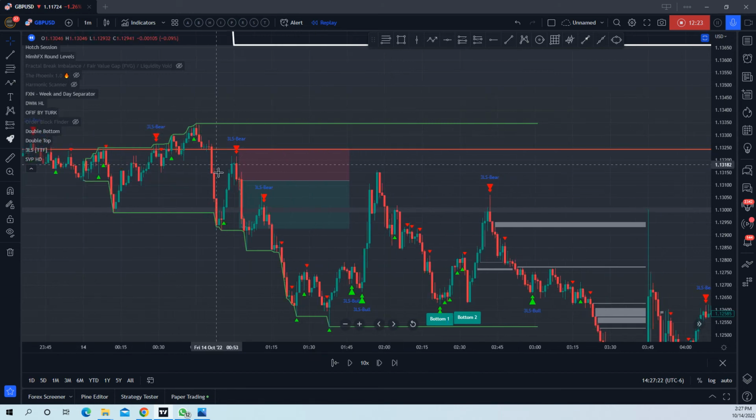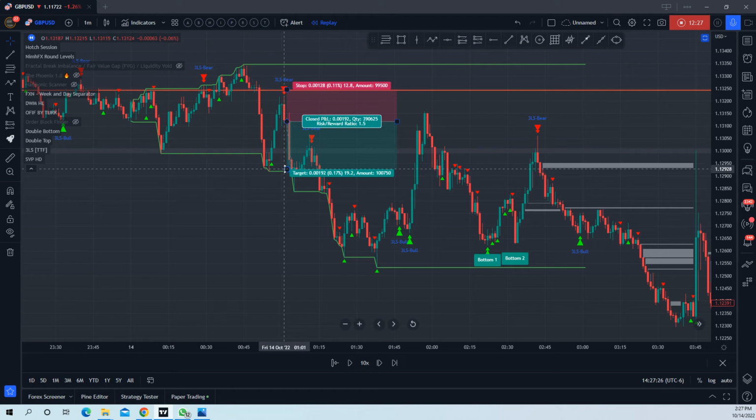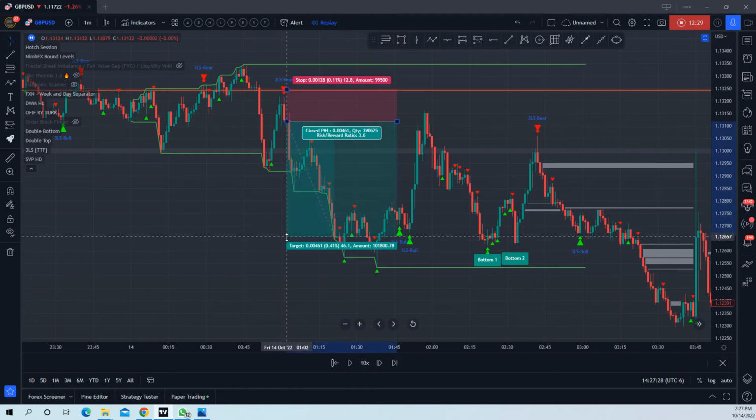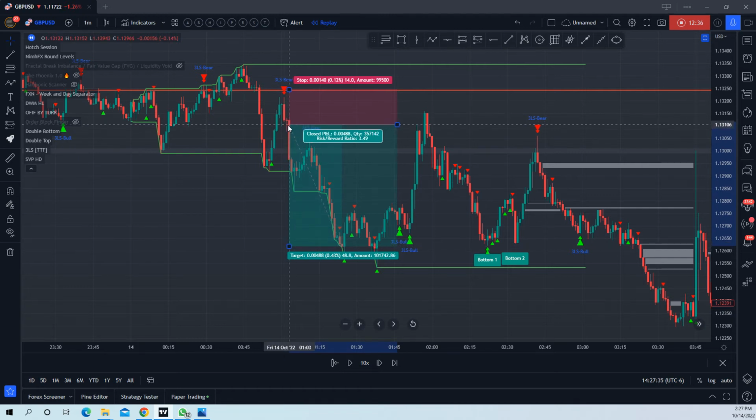So had I waited the hour, I still would have been all right with a one-bar stop going for 50 pips, 4R, 3.5R, call it 3R in a matter of half an hour.